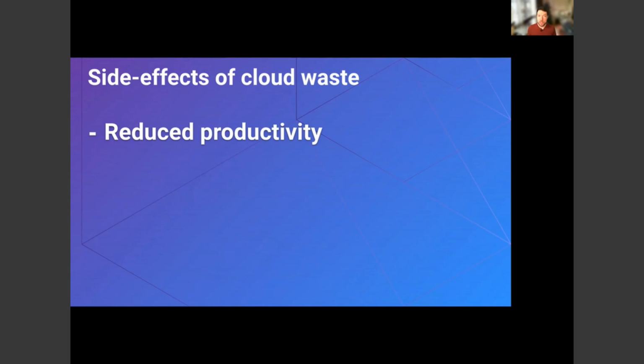If we keep making the same mistakes, but in novel and interesting ways, then we're not actually solving the problem of wasted cloud resources. We're just shuffling the problem around, right?